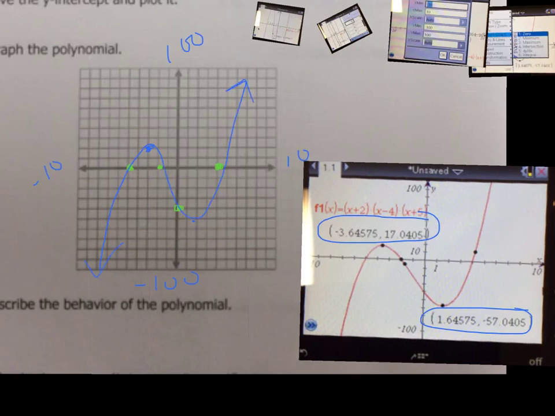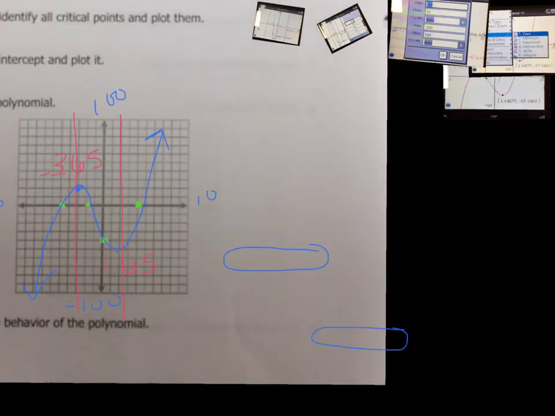Okay, so let's go ahead and write these numbers in here. I'll write in my x value so I can describe my behavior. This was negative 3.65, and this is a positive 1.65. Okay, now it's time to do our behavior. My function first increases, then decreases, and then increases again. And it increases from negative infinity, oh, that's a bad infinity symbol, let me redo that one.